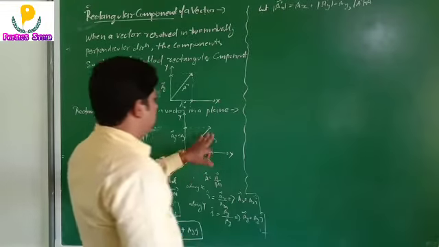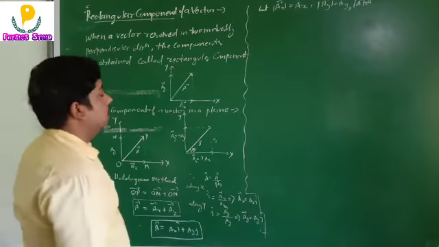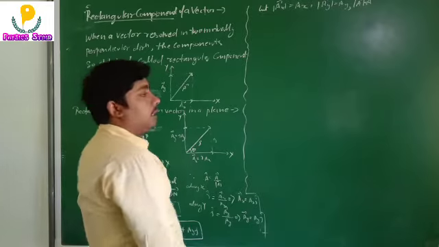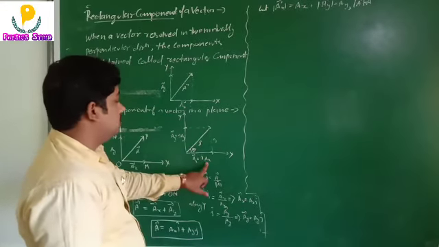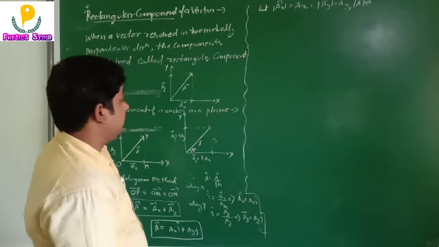So according to the right angle triangle, we can find the values of ax and ay.